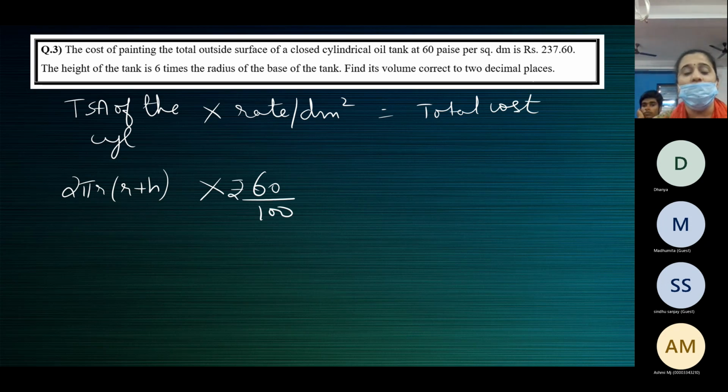But the total cost is given in rupees on the other side, so you have to change this to rupees. In one equation, the units must be the same. So 60 paise is 60 by 100 is equal to the total cost, 2 rupees 237.60.